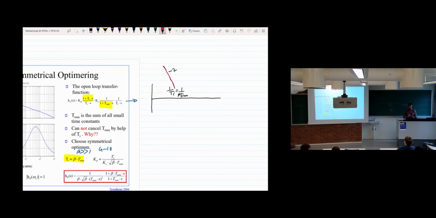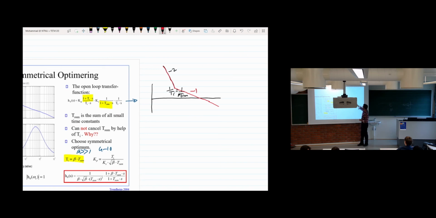When it reaches that point, the slope will be -1.